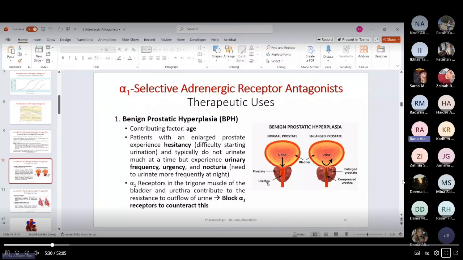And where is it located? So if this is, guys, the urinary bladder and this is the urethra, the prostate is around the urethra. It goes around it all the way. This is a cross section, so this is like a cut, okay? So if you want to see the whole picture, the prostate is surrounding the urethra all the way, okay?